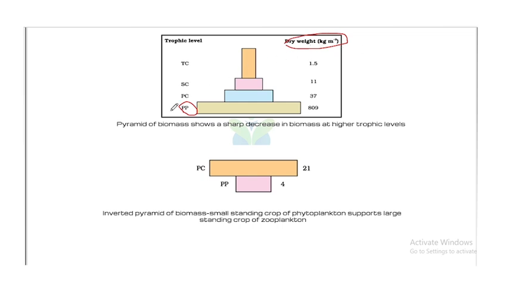The biomass is very high when it comes to the primary producers. Then it decreases as we move up the trophic levels. So as we move to the primary consumers, the dry weight decreases to a small amount. It further declines to the secondary consumers, and then to the tertiary consumers, the value becomes a very small amount.